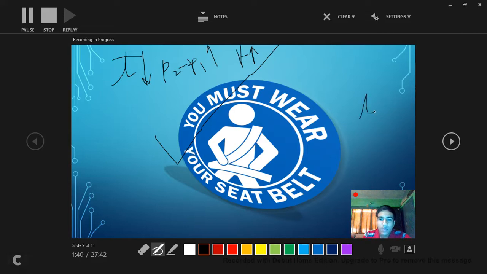But if you wear the seat belt, it will increase the time. How? When you apply the brakes, you move in a forward direction, so the seat belt will provide you protection. It will give you a jerk back, so it will resist your inertia of motion.